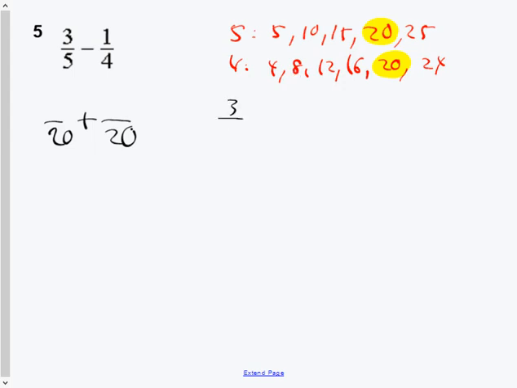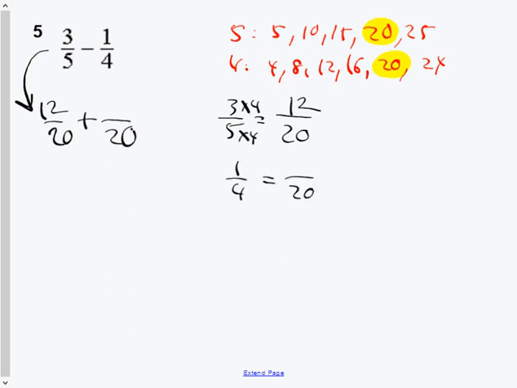And then what I need to do is I say, well, 3/5 is equal to how many 20ths? Because I want to make this fraction into its equivalent fraction. I multiplied it by 4 to get 20, so I multiply the numerator by 4 to get 12. So 12/20 and 3/5 are equivalent fractions. And 1/4 is equal to how many 20ths? If we multiply this by 5 and 5, we get 5/20.